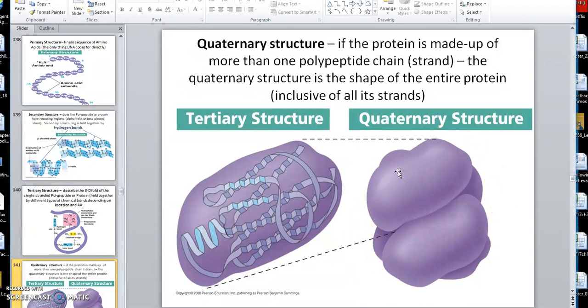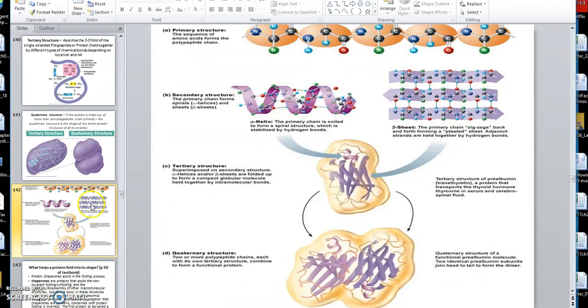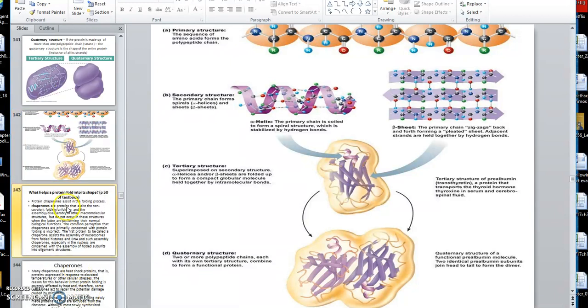So quaternary structuring will only occur if you have more than one polypeptide. Okay, we go further. So here is something you can look at. Primary, linear sequence. Secondary, beta-pleated sheet or alpha helix. Tertiary, all over the board. Many different forms. And quaternary, you must have more than one polypeptide.